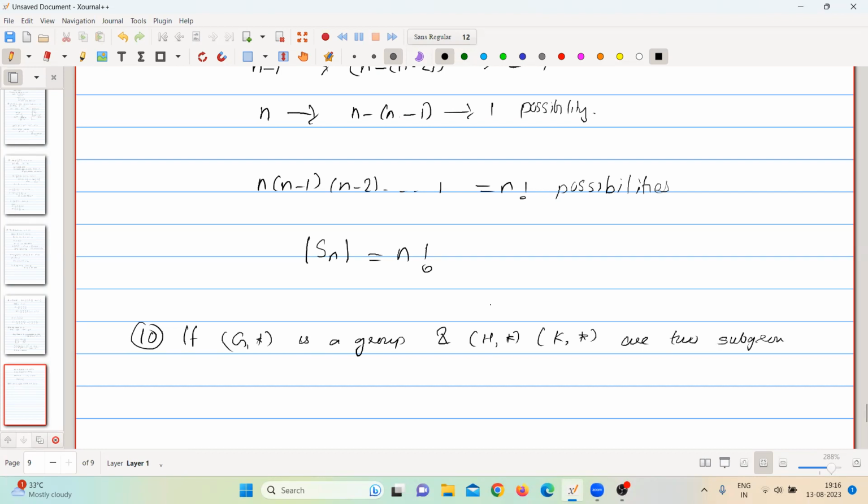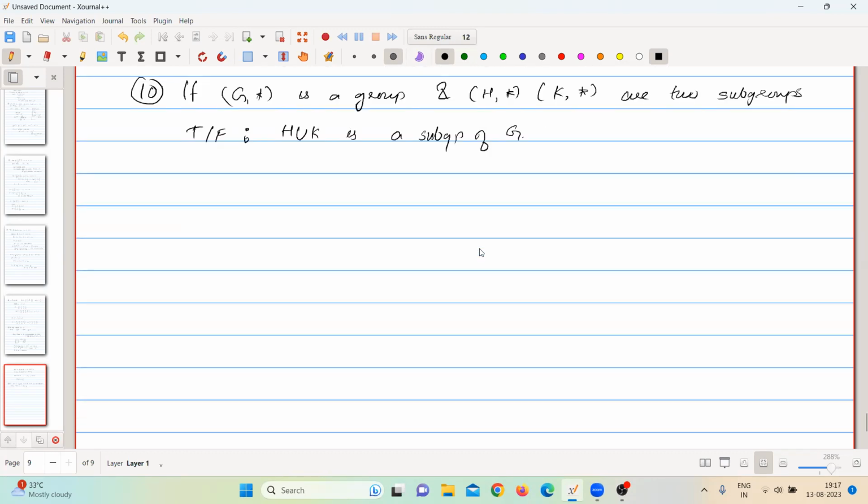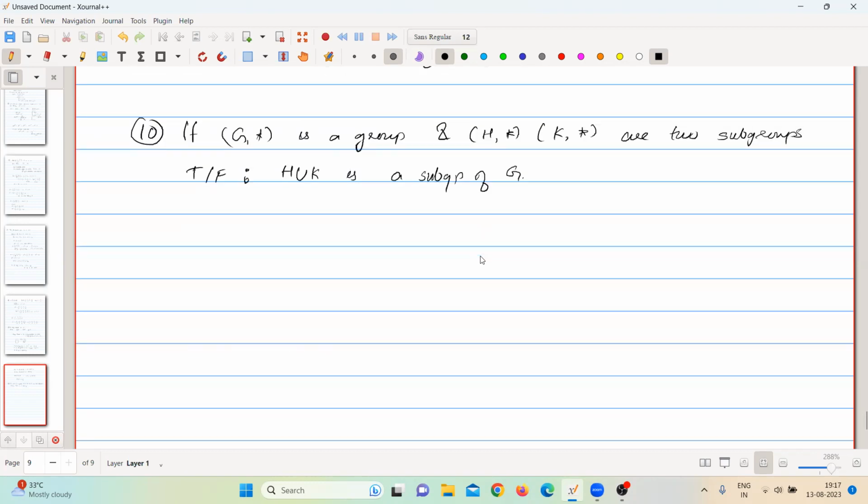We need to check true or false: H union K is a subgroup of G. Is this true or false? It is false.